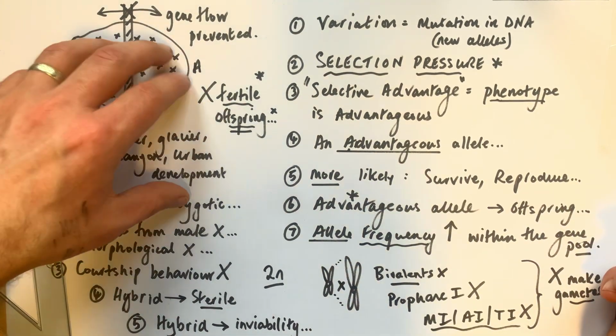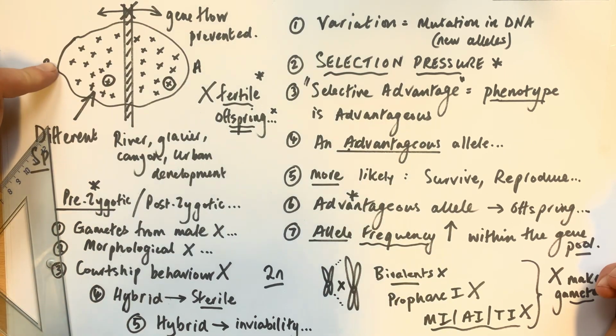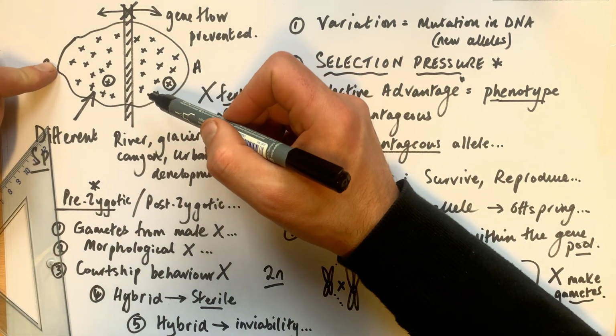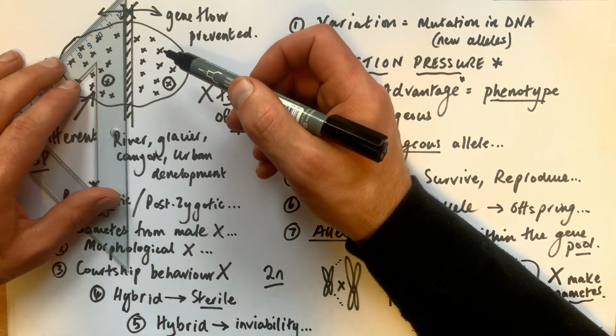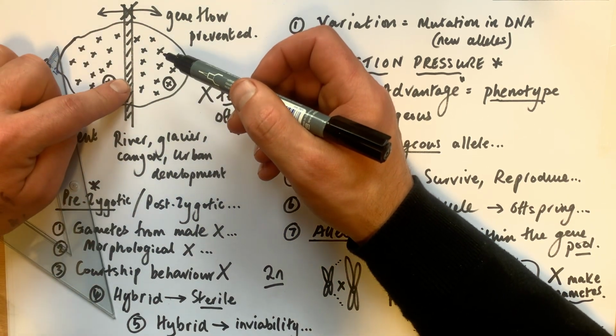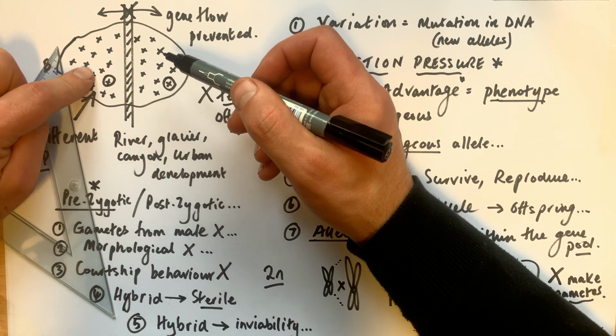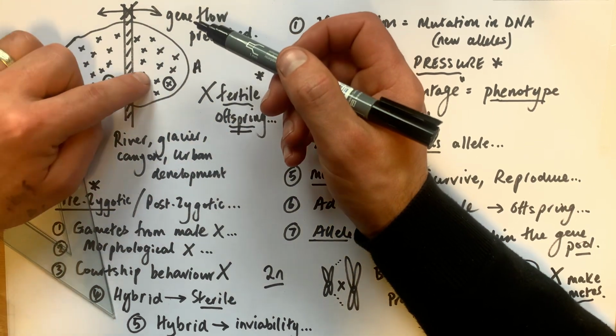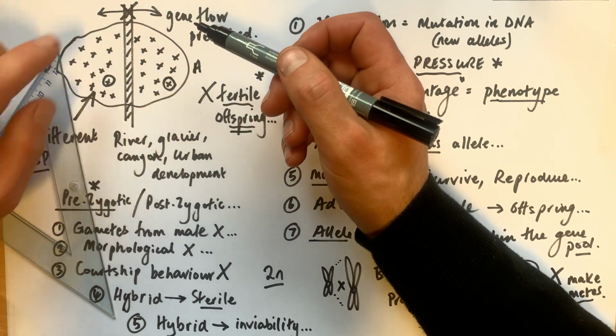Now, the only difference really with the allopatric speciation and sympatric speciation, if we go back up to the diagram on the left, what you'll find is with sympatric, there isn't any physical barrier that separates two populations, but that each population becomes isolated because they have a preference for a certain habitat.